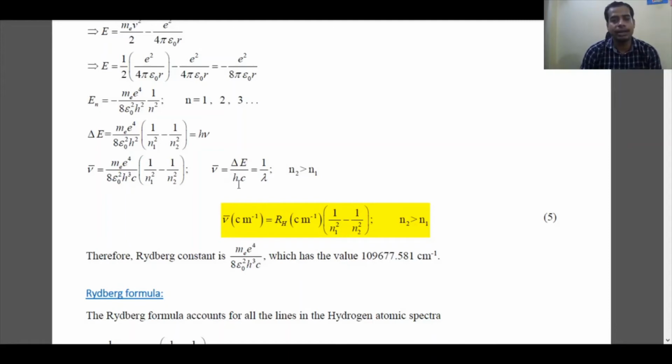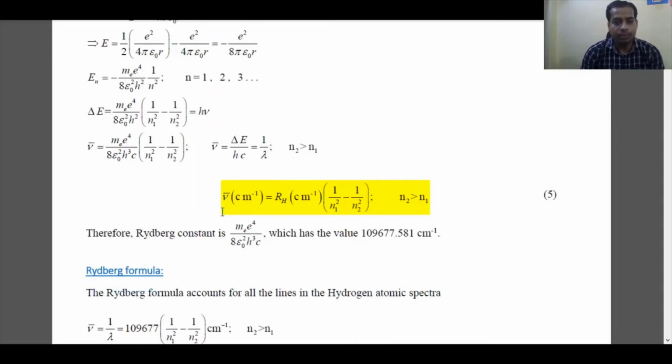If we divide the energy by hc, we get the energy in terms of centimeter inverse. So nu bar is delta E over hc, which is also the same as 1 by lambda. Lambda is the wavelength of the radiation, and nu bar is the frequency of the radiation in centimeter inverse. If we do that, we again get a constant term times 1 by n1 squared minus 1 by n2 squared, where n1 is the lower orbit and n2 is the higher orbit.